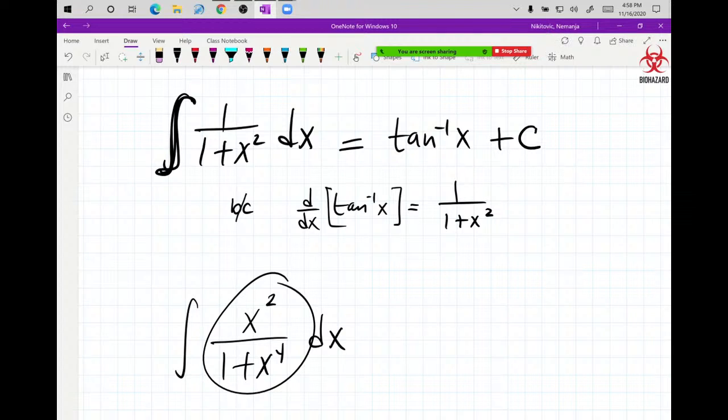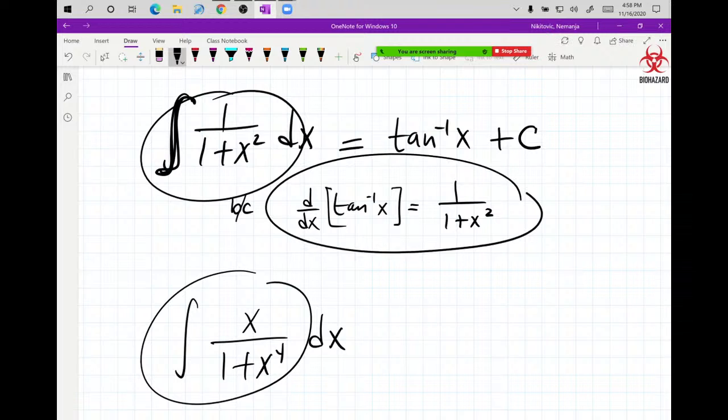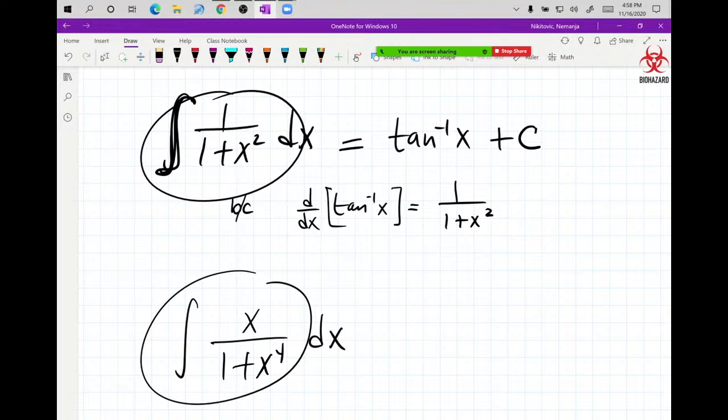But looking at this, oh, not the x squared, x. Is it x? Yeah, it's x. You can't recognize this if you really don't know this very well and how this thing works.